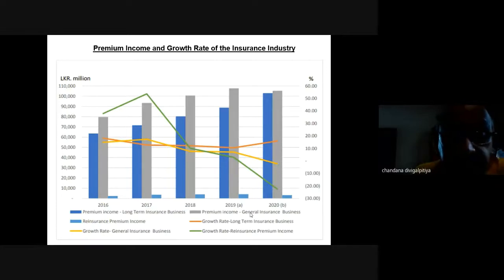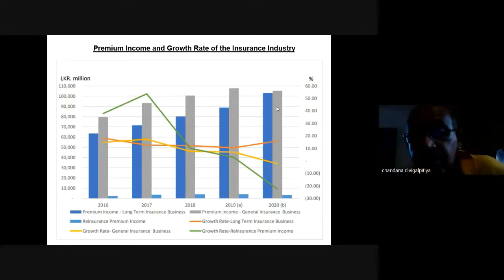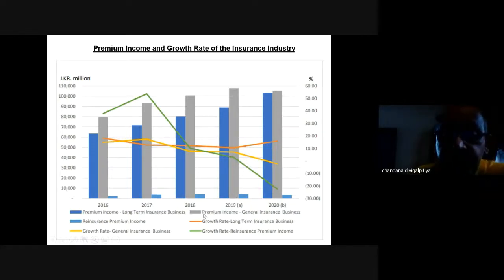Right? You will see the premium income of life companies is growing, 16, 17, 18, 19, 20. It grew. Right? The premium income of general insurance companies also grew. Right? Then the growth rate of long-term business, it's a slight growth.